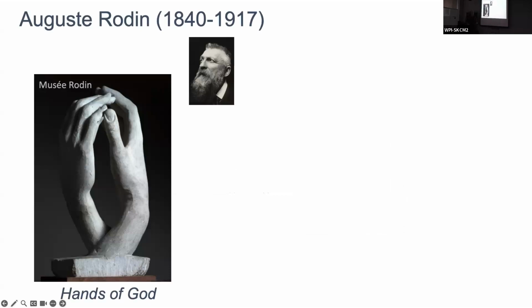Some people use rotation to cheat. Here's the French sculptor, Auguste Rodin, and this is his Hands of God. What do you notice about the hands of God? They're both right hands. Well, what is he saying? Well, he may be saying God is special.